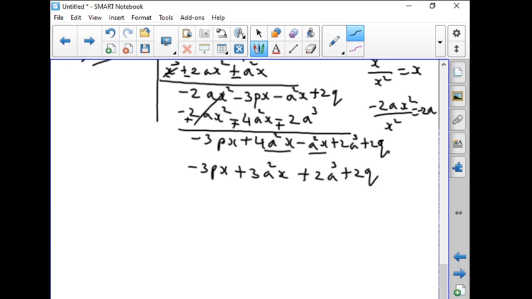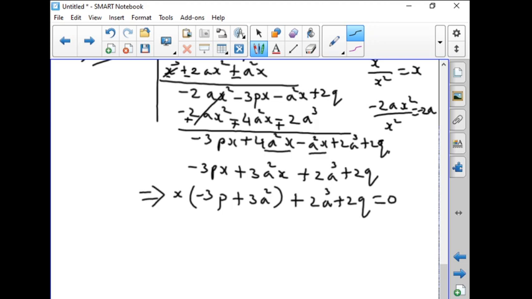Therefore, we group this. What we get here: x into (minus 3p plus 3a square) plus 2a cube plus 2q is equal to 0x plus 0. The remainder is 0, therefore we take it as 0 because this is the remainder.